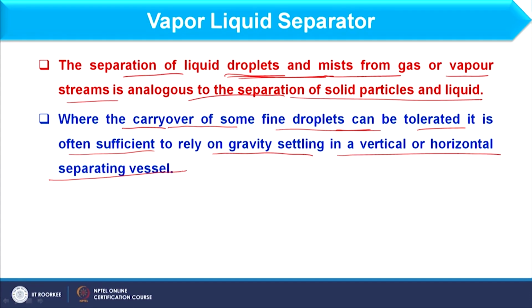Along with this, whatever droplets are available with the vapor also disengage and settle down with the help of gravity. Fine. So, in this way vapor can be separated, but some of the liquid droplets can be taken by the vapor. And if we can tolerate that, we can separate with the help of gravity settling, otherwise we have to make necessary changes in the vapor liquid separator so that liquid droplets will not move with the vapor.